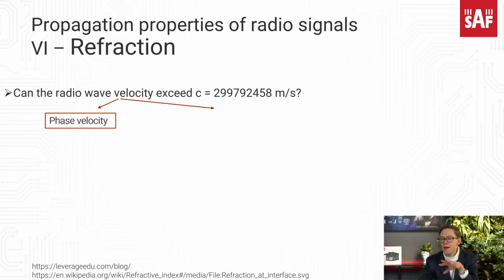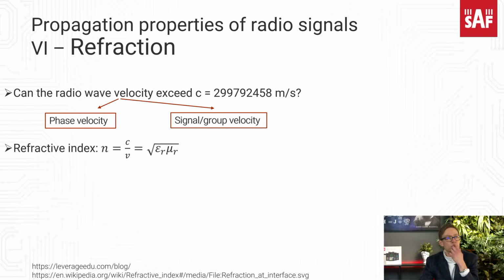When I started explaining, somebody among you started doubting this. Okay, that's good. That means we are thinking about the concept. So there are two types of velocity. The first one is phase velocity, and the second one is group velocity, or signal velocity. If we're talking about the phase velocity, what is it?